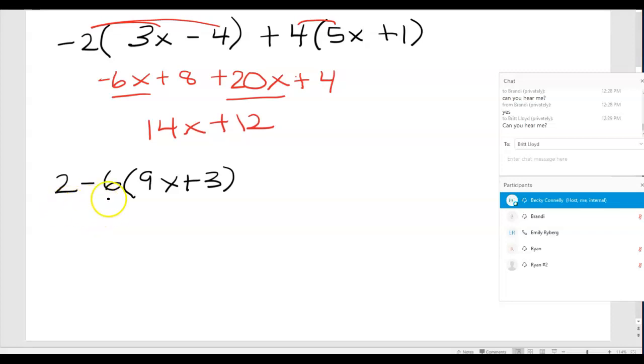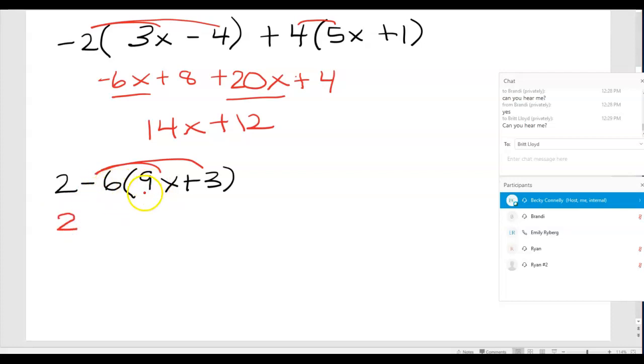Yeah, so we're not going to combine those, like the 2 minus 6 together, right? That's what a lot of people try and do. So we do want to start off distributing this. So we're going to take that negative 6 and distribute it through to the 9x, and the negative 6 distribute it to the 3. Right, so that's going to give us, so we still have the 2 out here.